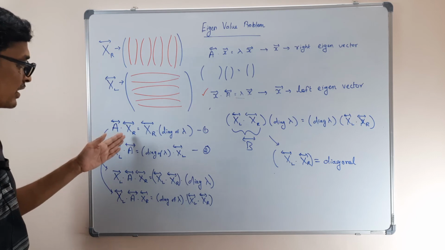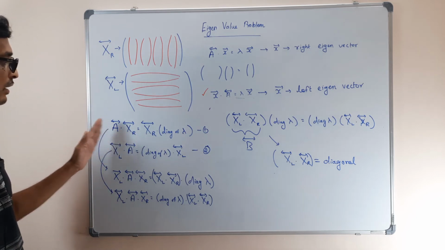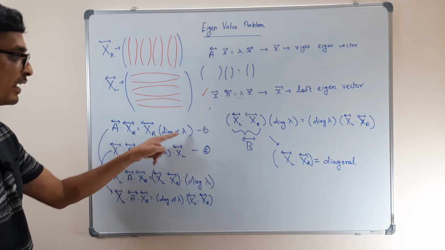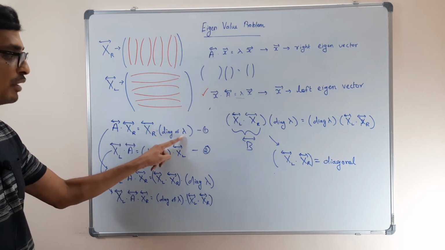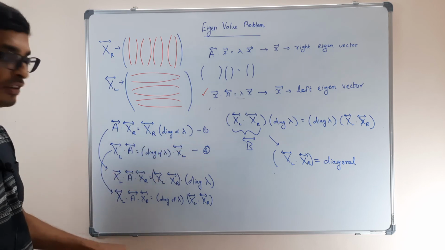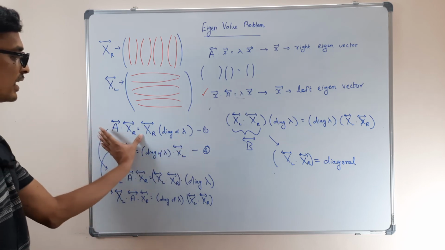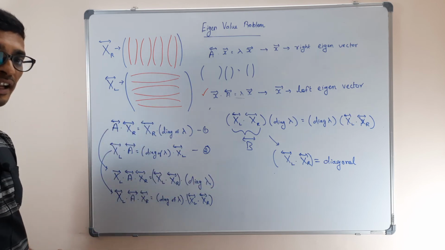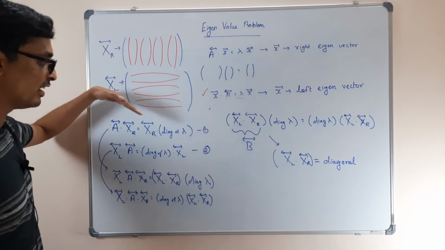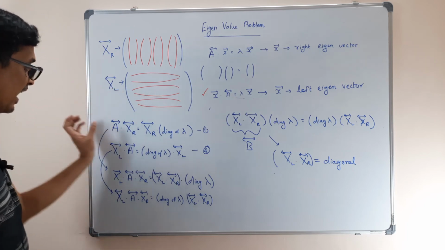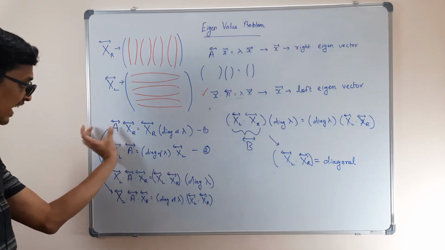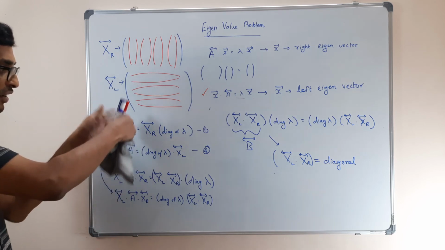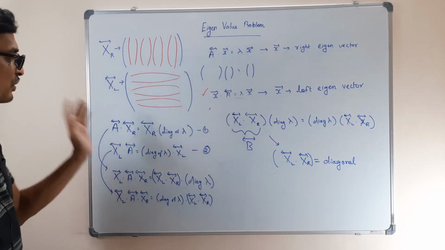From here itself you can see that if I multiply by XR inverse from both the sides, what I am going to get is a diagonal matrix whose diagonal elements are nothing but my eigenvalues, because this becomes the diagonal of lambda. So the diagonal elements are the eigenvalues of the matrix A, and the matrix which is diagonalizing, XR and XR inverse, has columns that are the right eigenvectors of the matrix A.